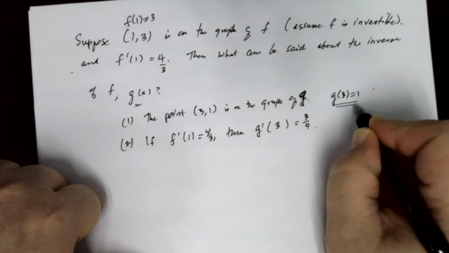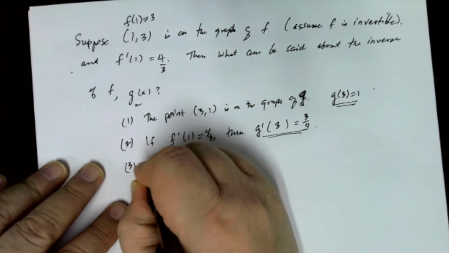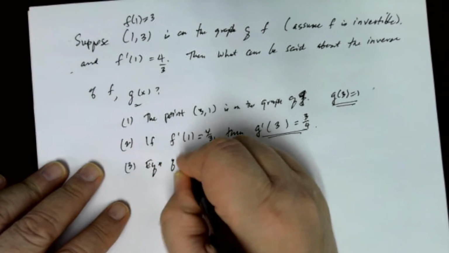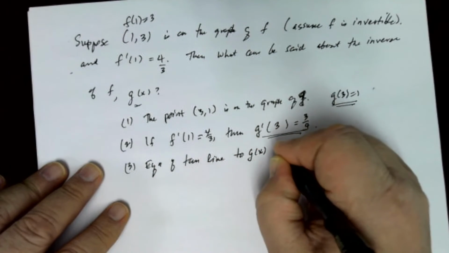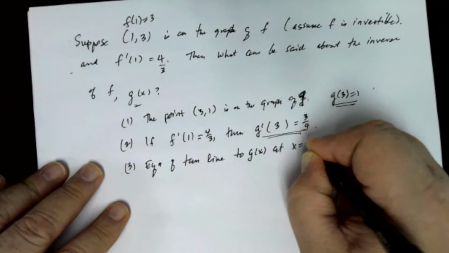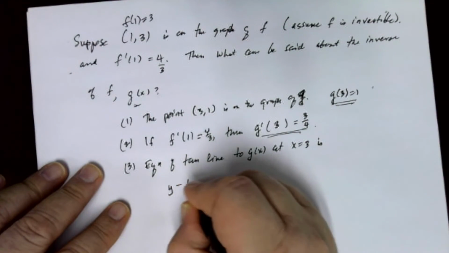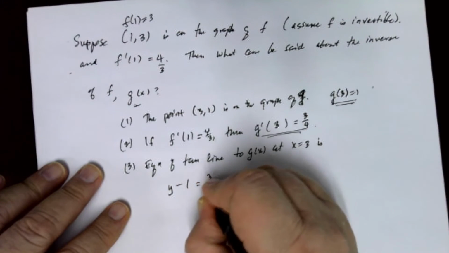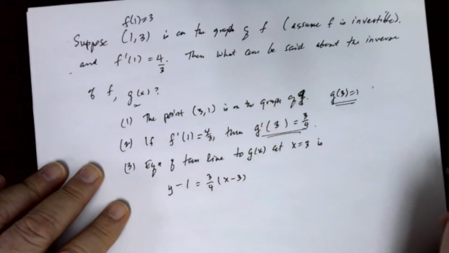Okay, so now we have a point and a slope, and so the equation of the tangent line to g of x at x equals 3 is y minus 1 equals 3/4 times x minus 3.